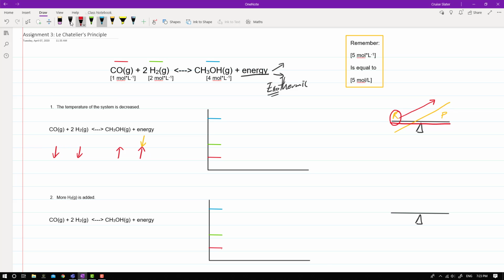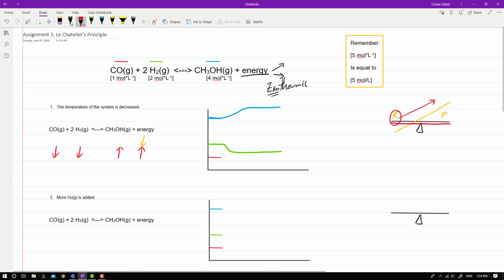What that would look like is something like this. Remember, methanol is blue. The methanol is stressed, and then all of a sudden its concentration starts going up, and eventually it'll reach equilibrium again. Looking at the hydrogen, remember the hydrogen gas is green. The hydrogen gas is at equilibrium. We've stressed the system, so now we're going to use the hydrogen gas to make more methanol and in turn make more energy.